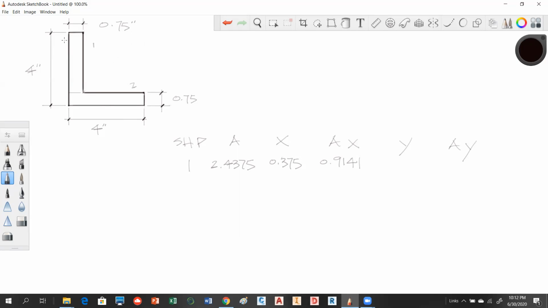So for this, we would have this side is 3 1/4, half of that plus 3/4. And what you're going to wind up with is 2.375.